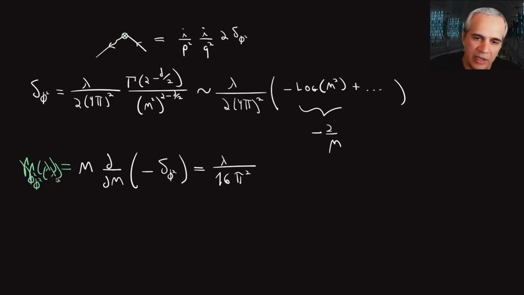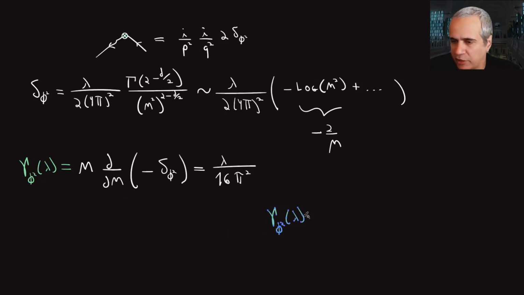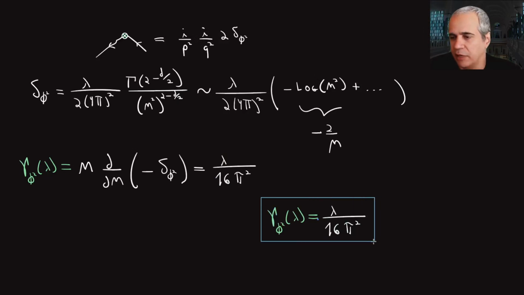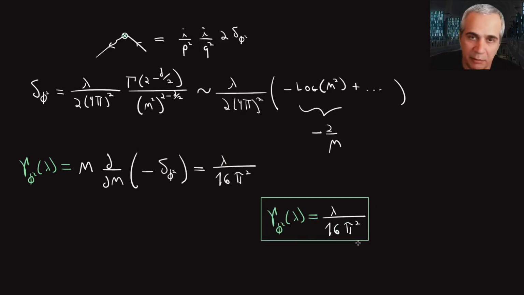So we calculated the anomalous dimension of this operator now, which will be useful in order to discuss the running of masses. Remember, every time I'm talking about a running of a mass, you should think of it more as a coupling, because a running mass is not the pole mass.